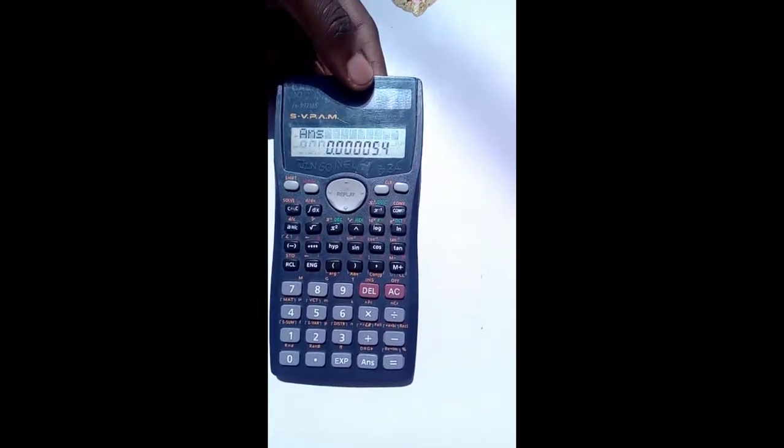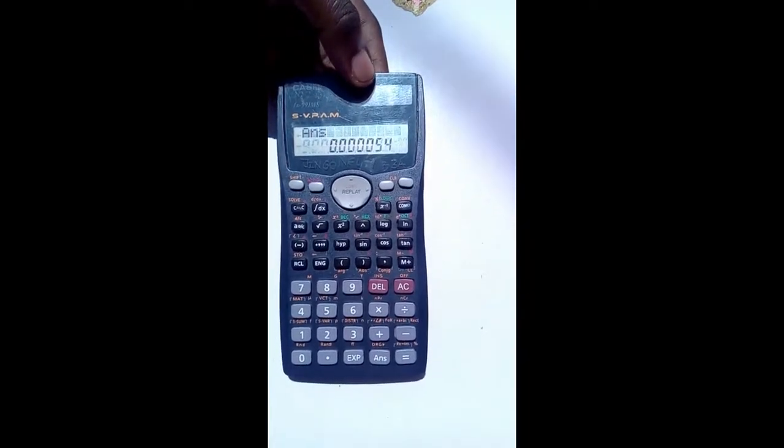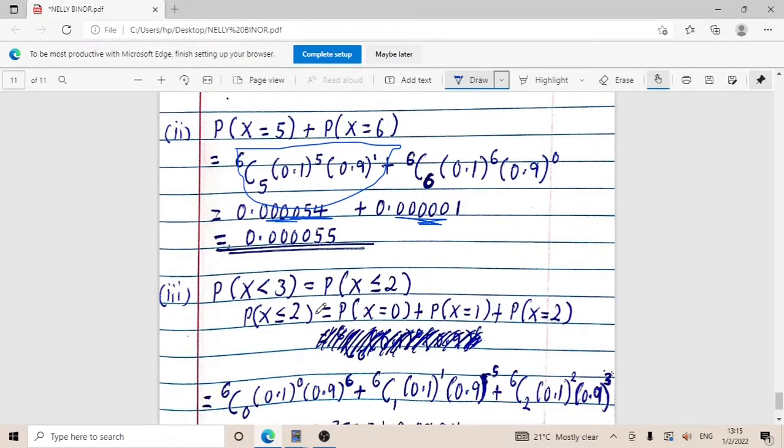So it will change to 0.00054. That's how they got that answer. After getting our answer there, we add it to this. You apply the same thing as you did to this one, and then you get 0.00055. So that is that.